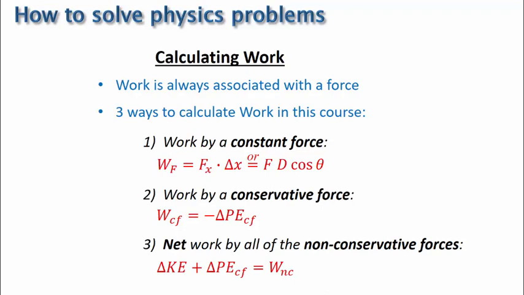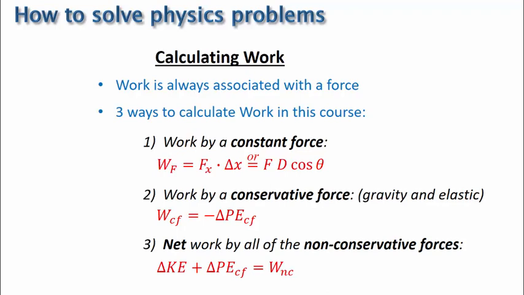Notice that each equation is associated with a particular force or a net force. If the force is constant, you can use the first equation. If the force is a conservative force, then you can use the second equation. Note that there are not many conservative forces in nature, and we only deal with 2 of them in this course, the gravitational force and the elastic or spring force, which we approximate to be conservative.